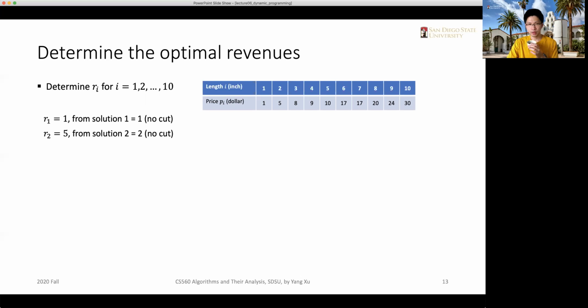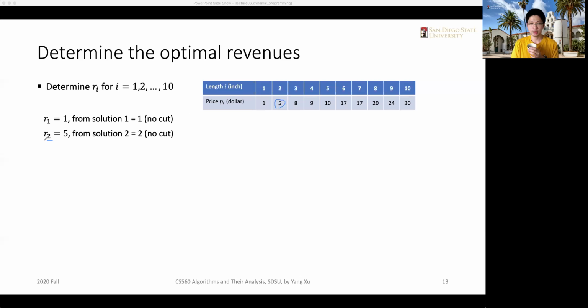For the input length of 2 inches, we have 2 solutions, either 1 plus 1 or no cut. But of course, no cut returns a better price. It's $5.